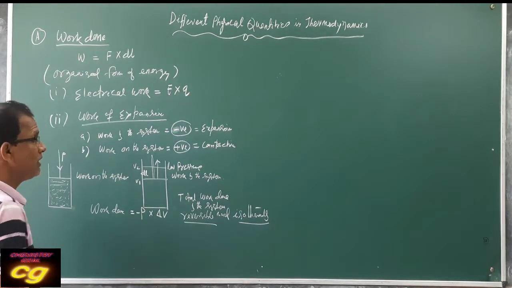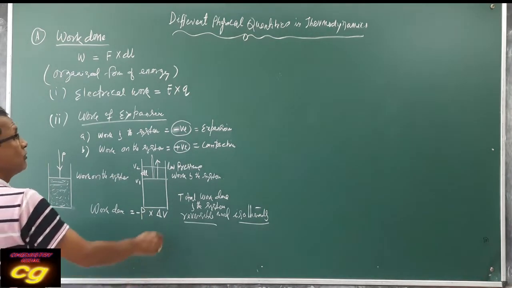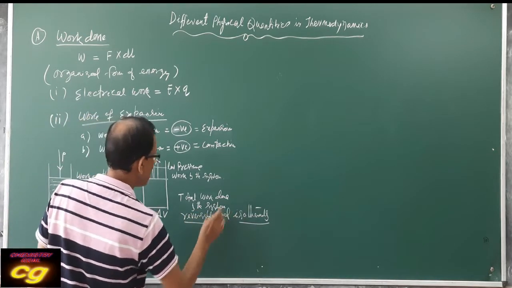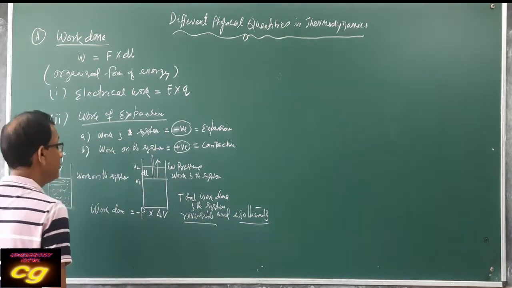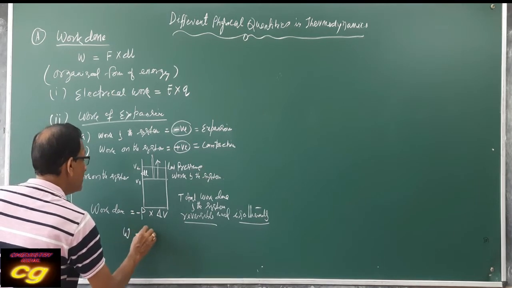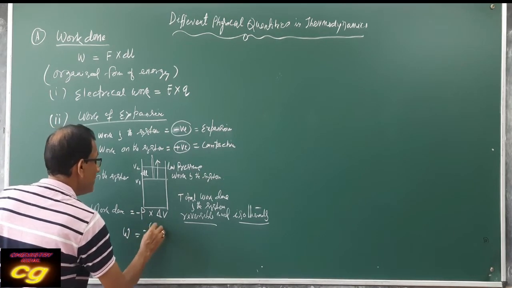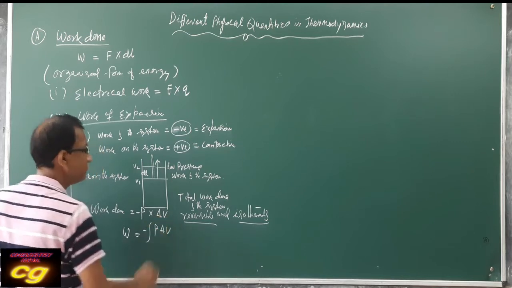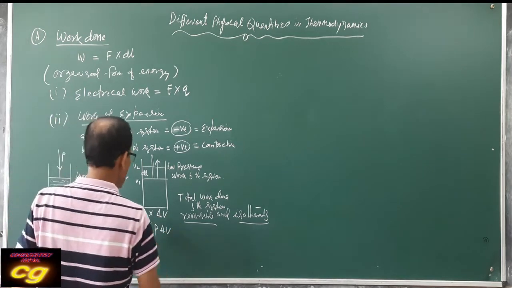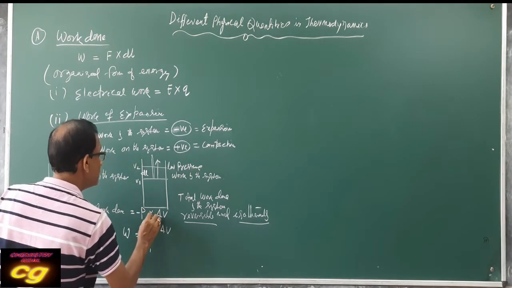So if you calculate the work done, total work done by the system reversibly and isothermally will be what? W will be integration of minus P del V. Then what happens? Here volume is V1 to V2.